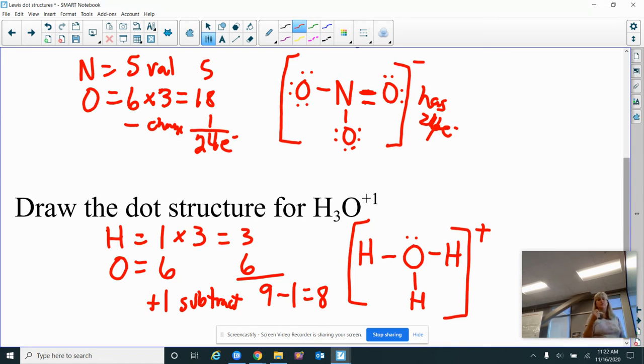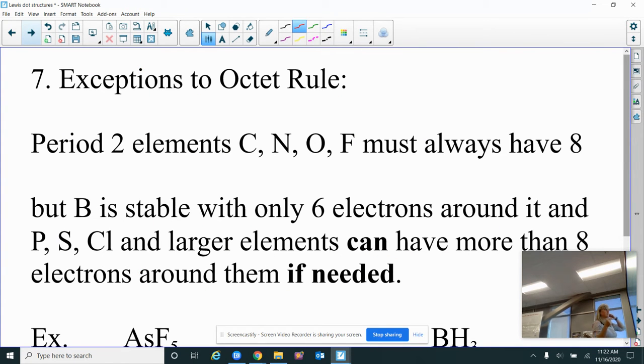So that's the only difference for ions. You just adjust the total number of valence electrons. If it's positive, you're subtracting that many. If it's negative, you're adding in extra. Okay. For exceptions to the octet rule, we've said that we're always trying to get 8 for the bigger elements like carbon, nitrogen, oxygen, fluorine, and bigger.